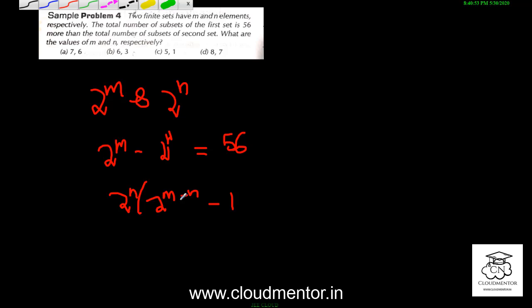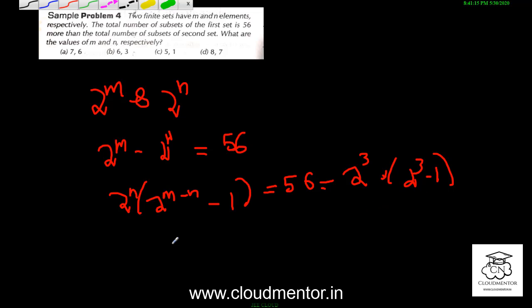So we can write 2 raised to m minus 2 raised to n, and that must be equal to 56. This 56 can be written as 2 raised to 3 multiplied by (2 raised to 3 minus 1).